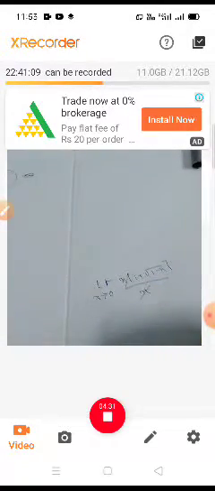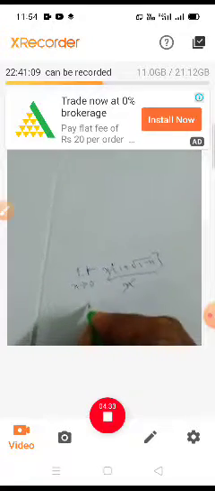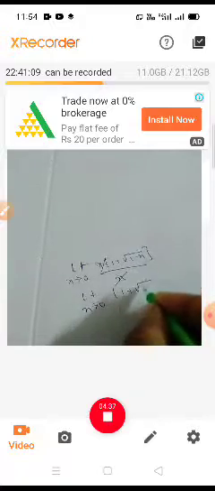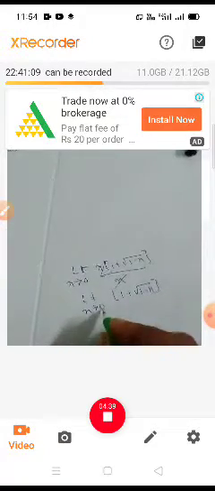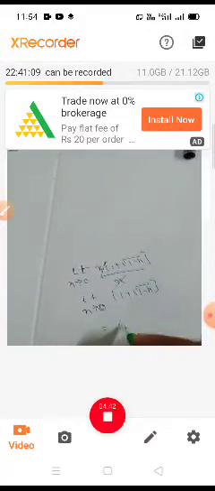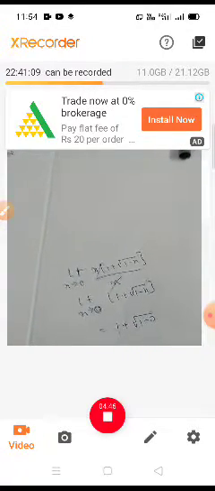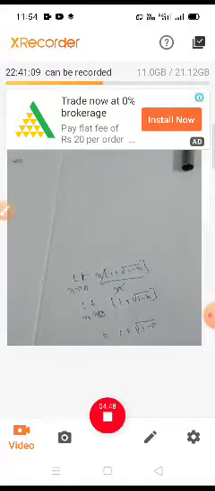This x gets cancelled, remaining limit x tends to 0 of 1 plus under root 1 minus x. Now we substitute x equal to 0: 1 plus under root 1 minus 0, root 1 value is 1, so the answer is 2.